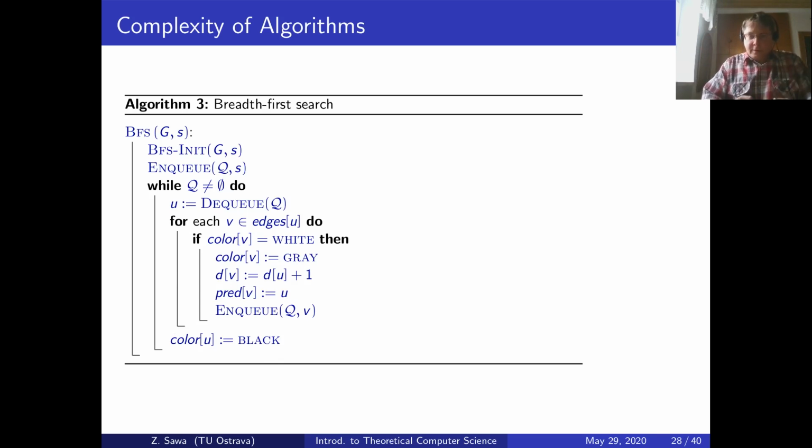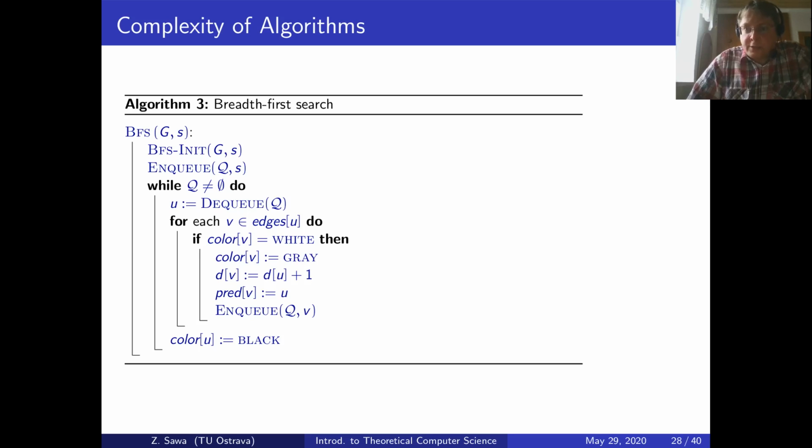So if we imagine how it works, we start with a node that has distance 0. We take all edges going out of it, and by this we obtain nodes that have distance 1, which are in the queue. When we process them and take a look at the edges that go out of these nodes, if they go to some node that has not been processed yet, it will have distance 2 and will be put at the end of the queue.